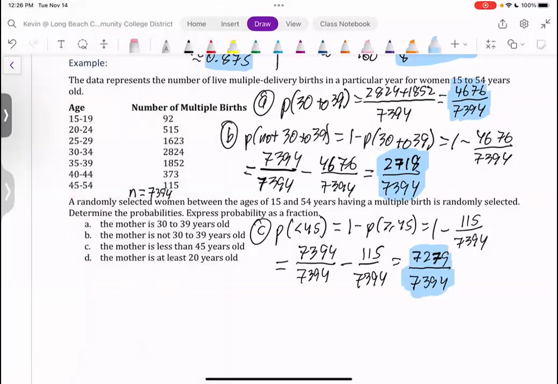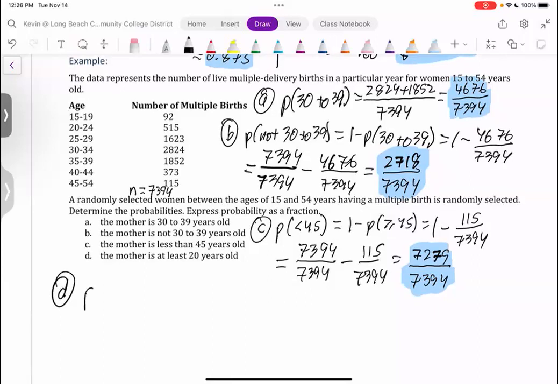In part D, mother is at least 20 years old. And I'm going to say that is the complement of being less than 20 years old. And we can see that is just 1 minus 92 over 7394.